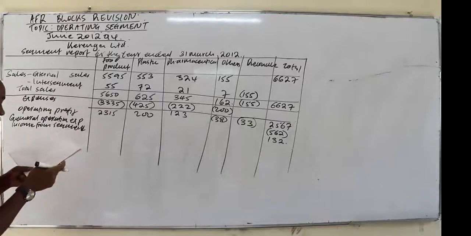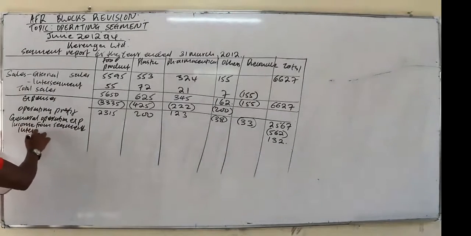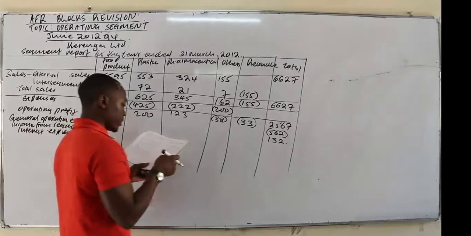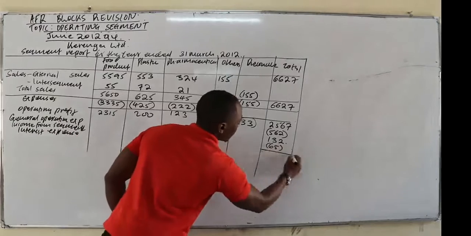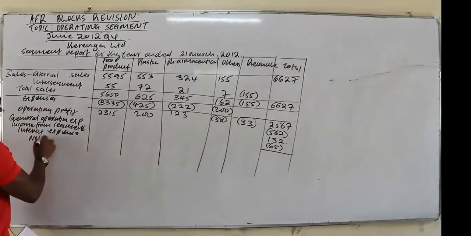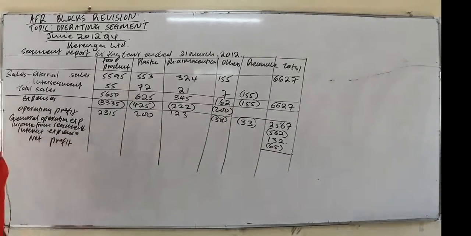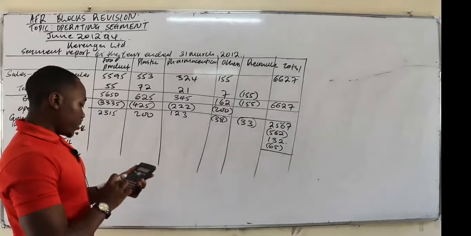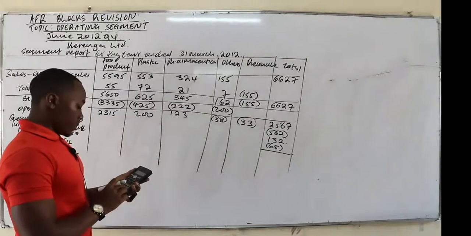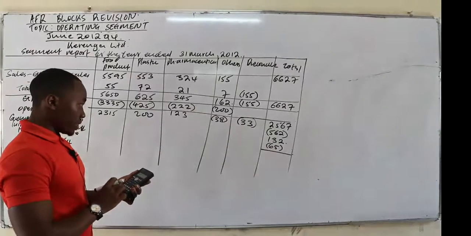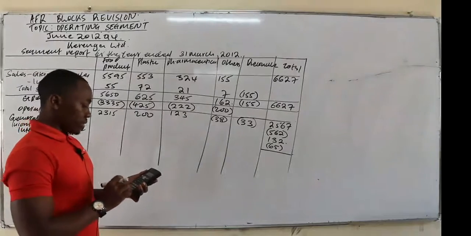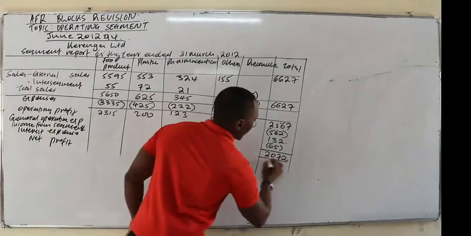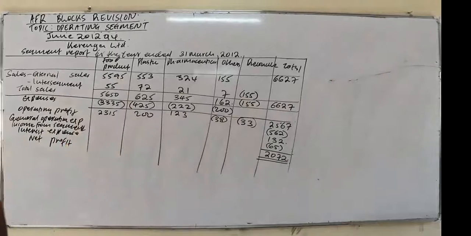And then we had interest expense. Take it to the total, an amount of 65 as an expense. And with that, now we are able to get our net profit. So how much was the net profit? You just take 2567, that was the total operating profit. You add 132, but you less 562, and then you less 65. You get 2072. That's our net profit.